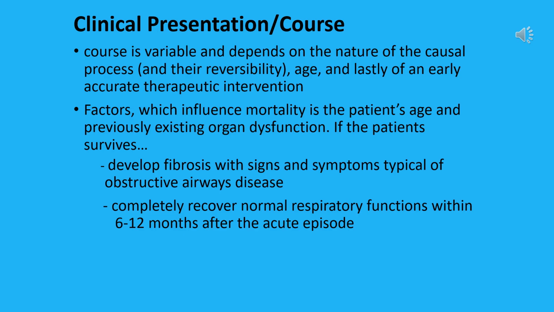The clinical course of acute lung injury is variable and depends on the nature of the causal process. Factors which may influence mortality are the patient's age and extent or severity of the multi-organ dysfunction.